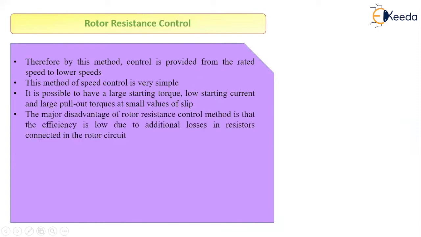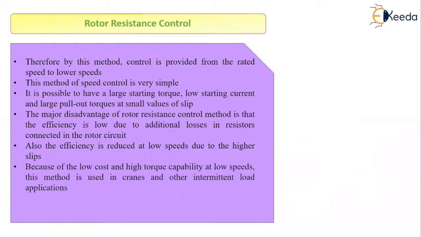But there is also a certain disadvantage associated with this method. As we are using the external rotor resistances in order to control the speed of the motor, the efficiency is low because there will be additional losses in the resistors which are connected in the rotor circuit. Also, the efficiency will be reduced because the speed will be very low at the higher value of the slip.